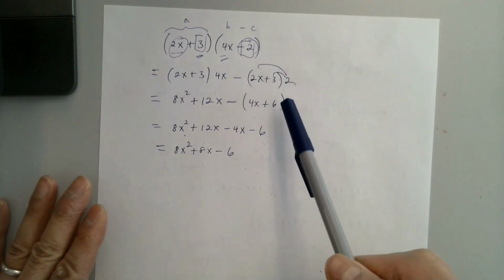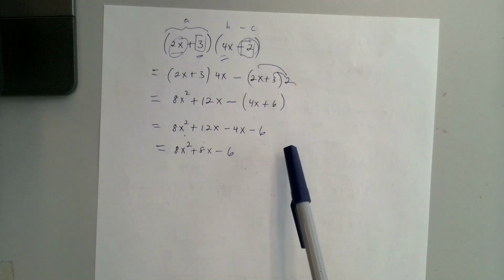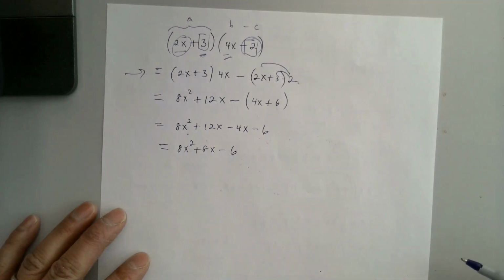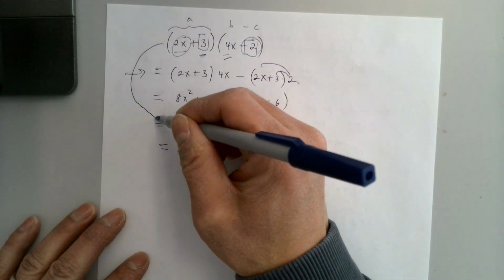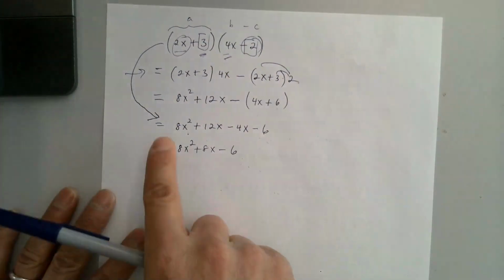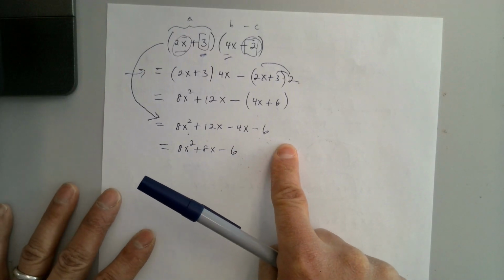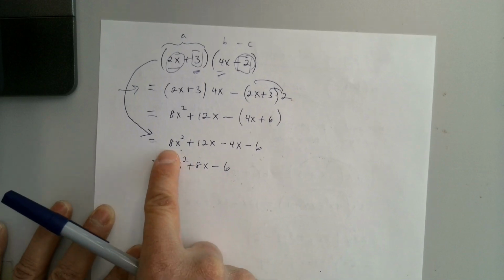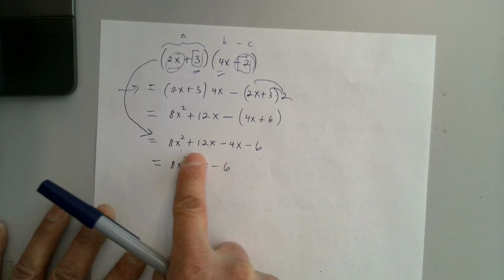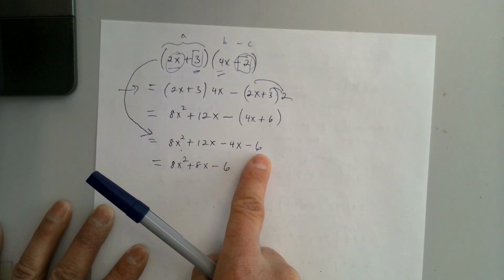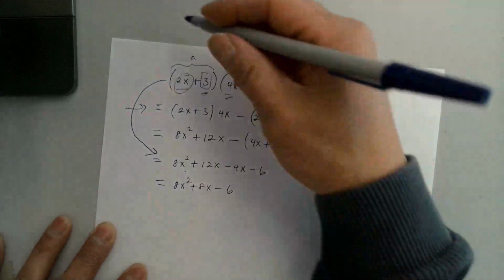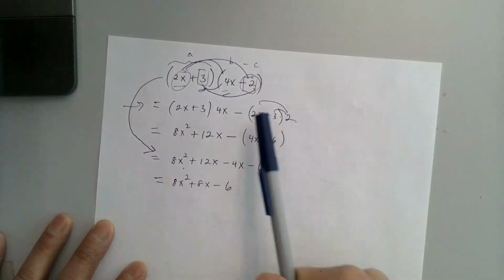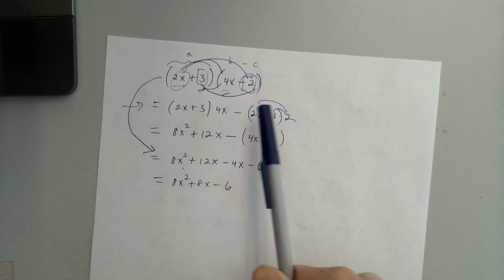So you can, if you wish, skip this step and go straight to here, if you feel comfortable doing that. And it's also true that since this is all addition and subtraction, you can do this multiplying one from here, in any order you want.